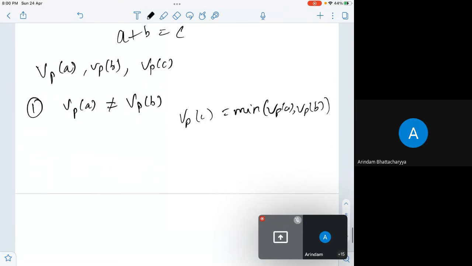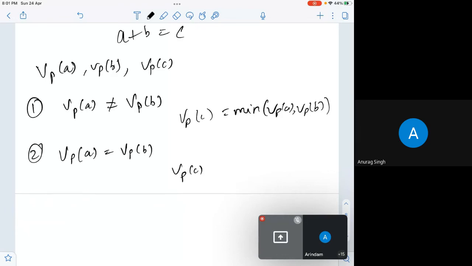Great. And what if VP of C is equal to VP of A is equal to VP of B? Really? But it depends on the P itself.